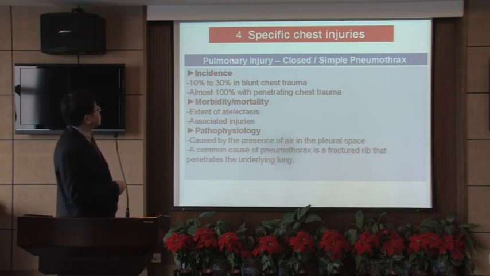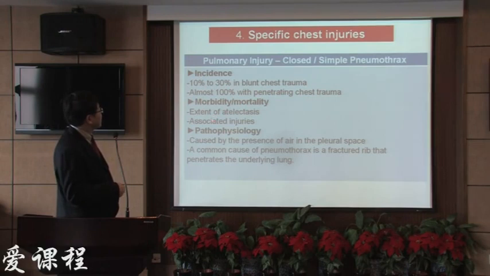The incidence of pneumothorax is 10% to 30% in blunt chest trauma, and almost 100% with penetrating chest trauma. The morbidity and mortality of pneumothorax depend on the extent of atelectasis and associated injuries.